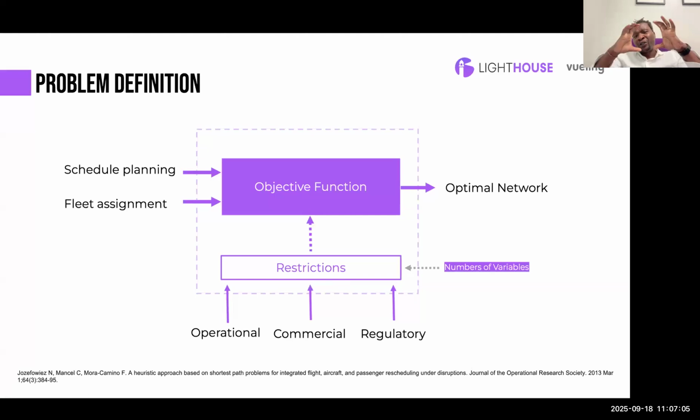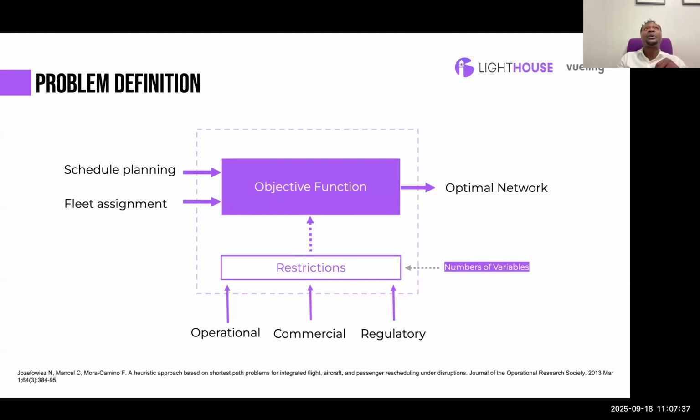So to have a horizontal view, on one side we have schedule planning, which is an NP-hard problem by itself. We have the fleet assignment problems, subject to operational, commercial and regulatory constraints that could be very hard to model also. But at the end, we will have the optimal network.